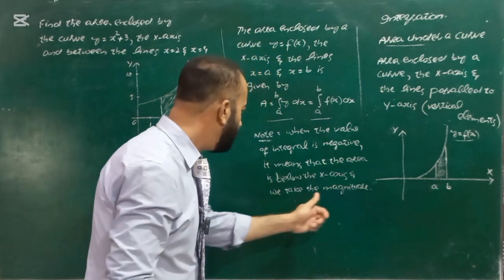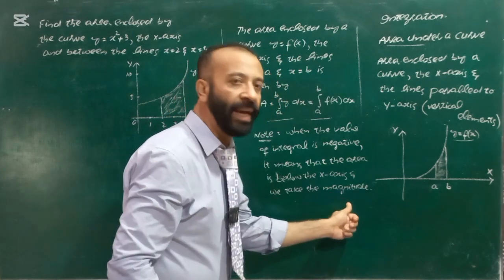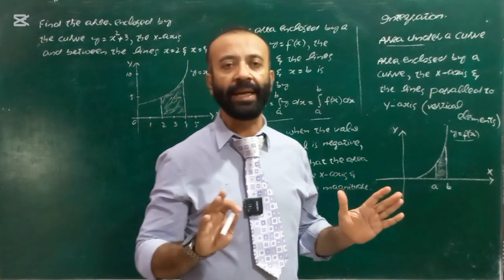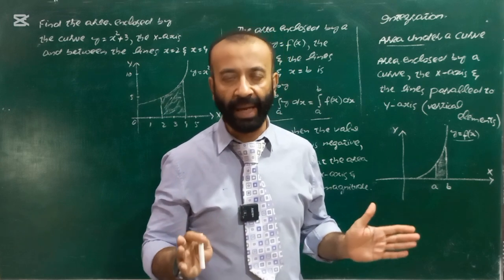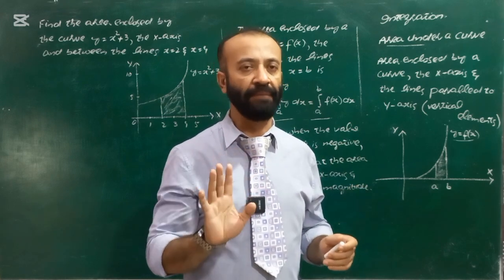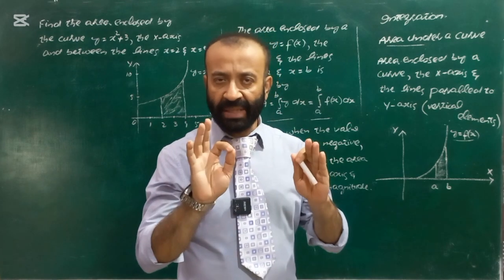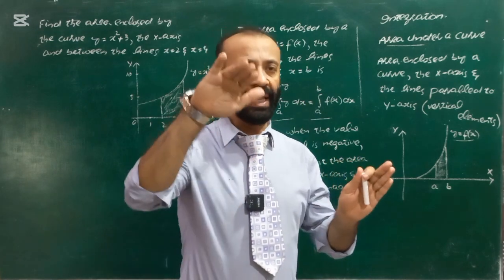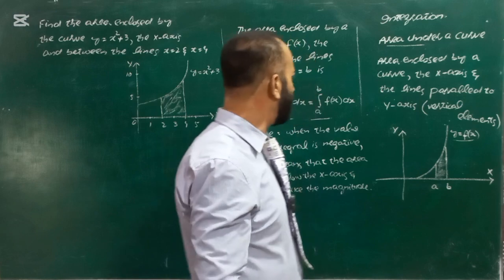In that case, we will take the magnitude, because area cannot be negative. It means we will take the positive value. The negative sign will only show that the area is under the x-axis.